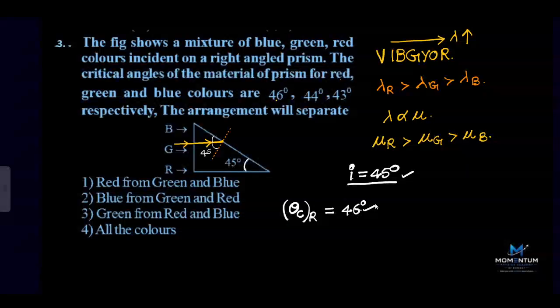Will TIR happen or refraction? The angle of incidence is less than the critical angle, so refraction takes place. Red color will come outside.